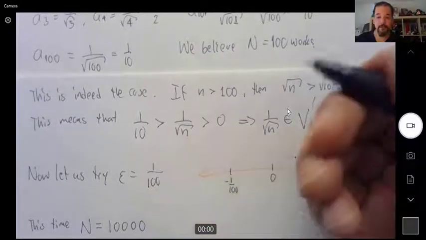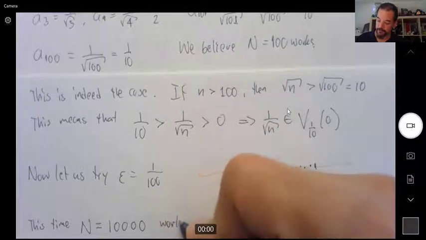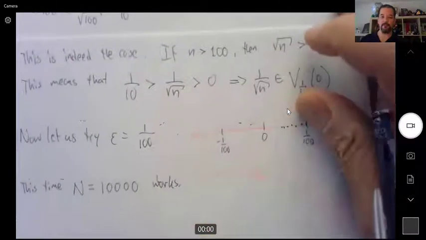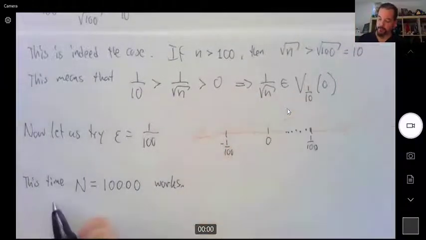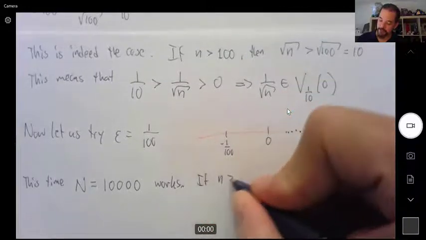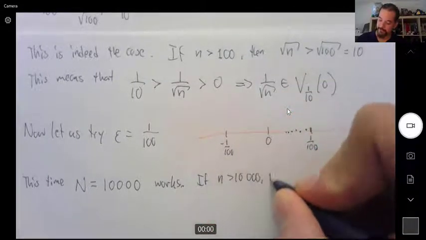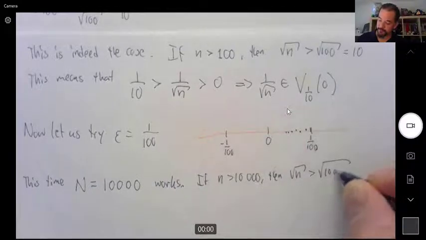And the argument is going to be the same. This time n equal 10,000 works. Here's the argument. I mean, it's going to seem repetitive, but that's the idea, that you get used to this by looking at it several times. Why does 10,000 work? Well, because if n is bigger than 10,000, then the square root of n is bigger than the square root of 10,000, and that's 100.